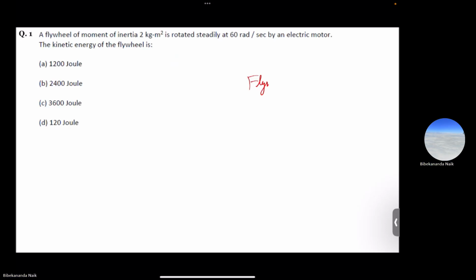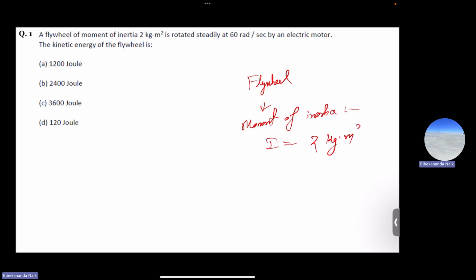So here the question says a flywheel of moment of inertia 2. So there is a flywheel whose moment of inertia is 2 kg meter square, and it's rotated steadily at 60 radians per second.